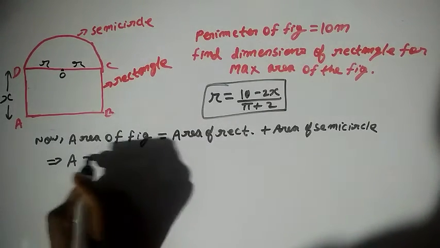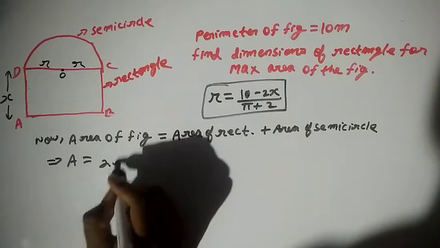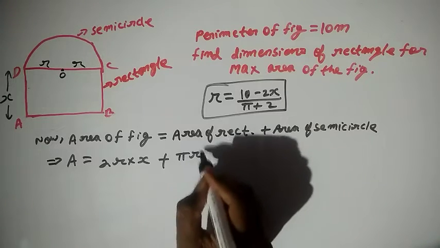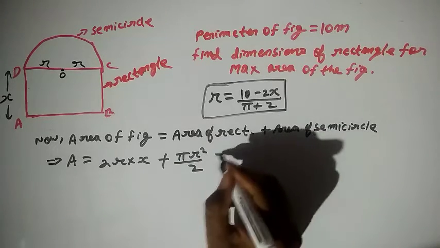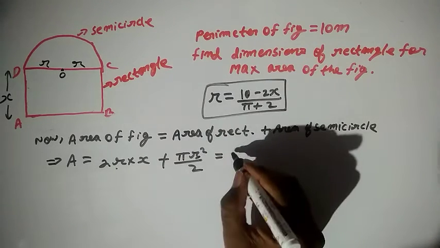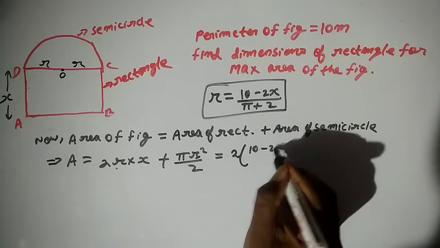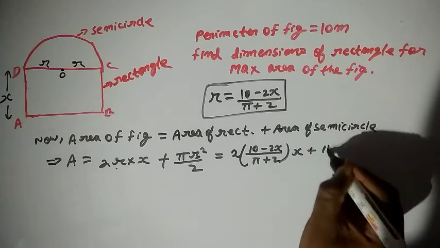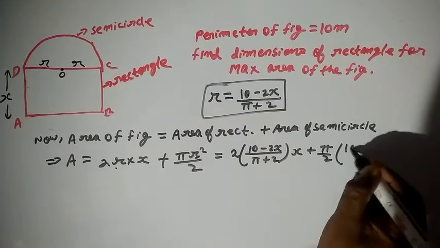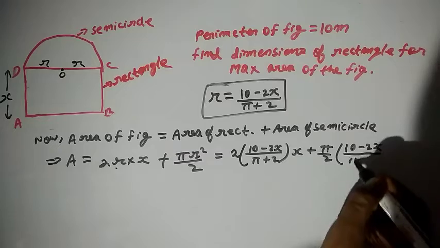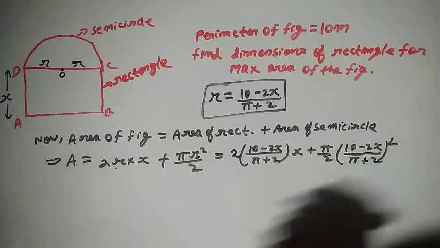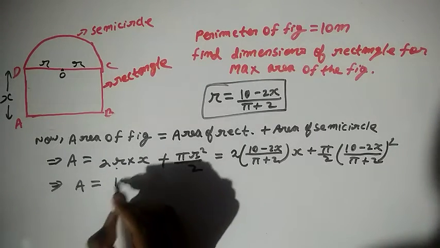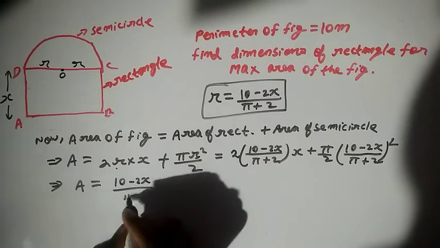So let's denote the area of the figure as A. So A is equal to 2r times x plus pi r square over 2. Now put the value of r in the above equation. So now we have (10 minus 2x) over (pi plus 2) as a common factor.